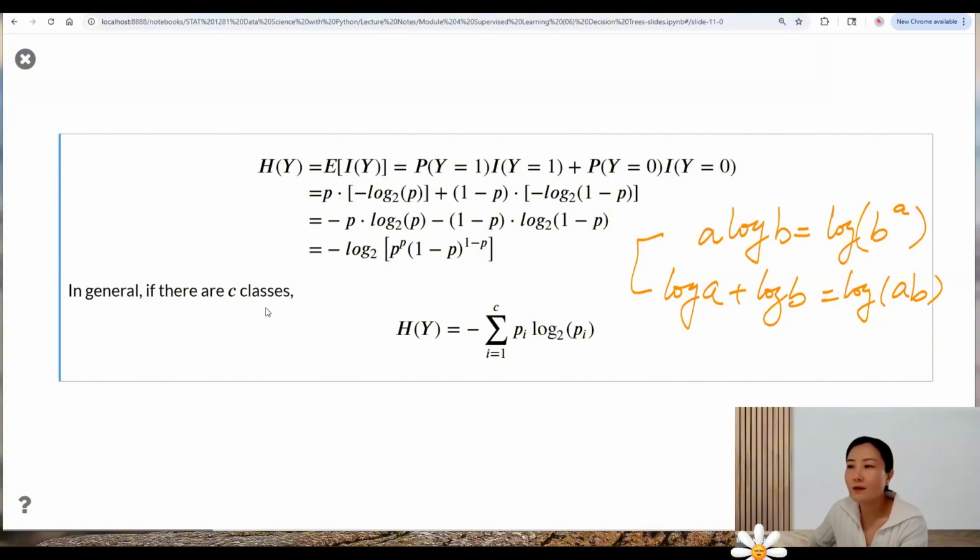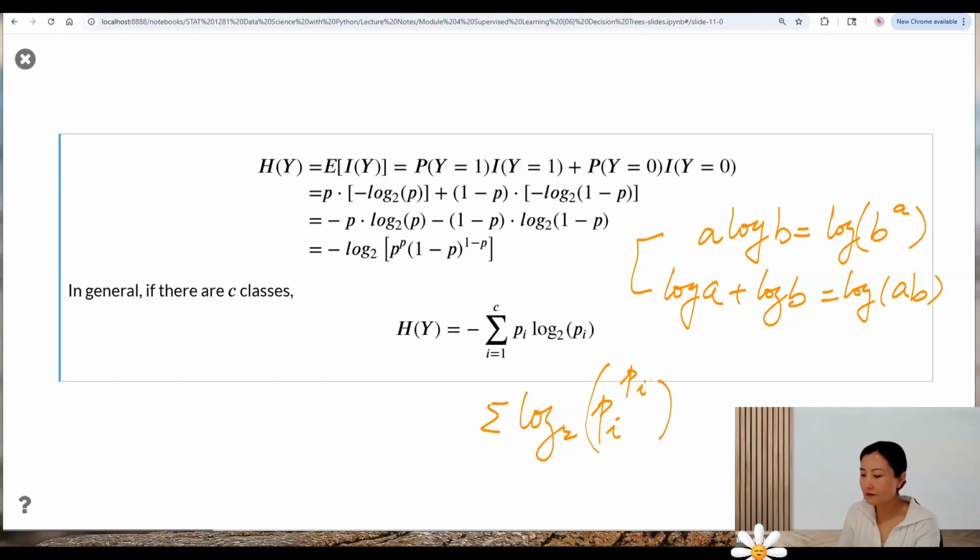In general, if there are C classes, the entropy is negative summation of p_i times log 2 of p_i, or we can write it in this way. Same thing. In general, this is the entropy.